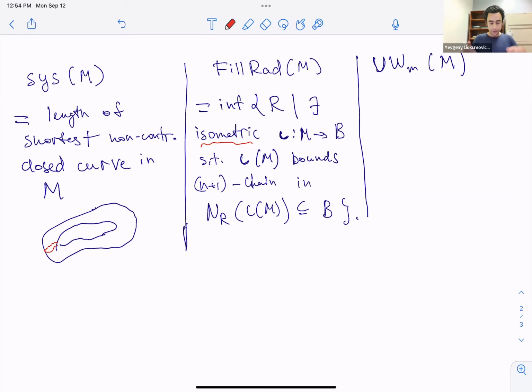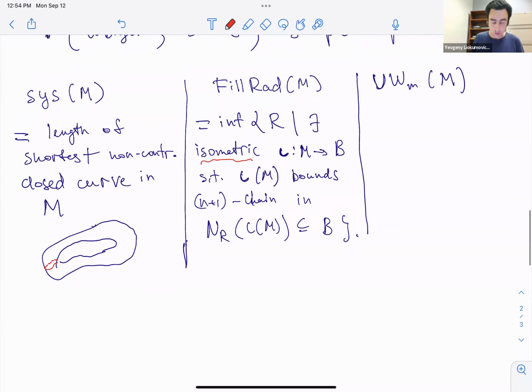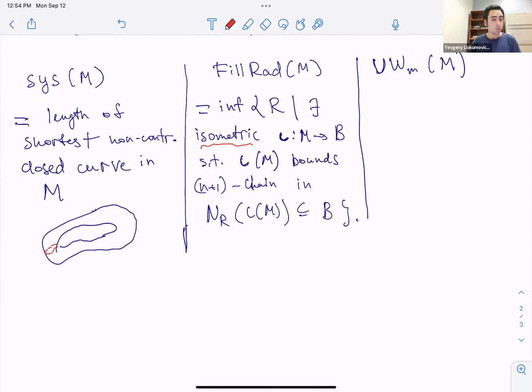It's not that the restriction of the Riemannian structure on the ambient manifold gives us the same Riemannian structure. It's the actual distances that are equal. So in particular, most manifolds will not be able to embed in any finite dimensional space, but you have to embed them in an infinite dimensional space to get an isometric embedding.